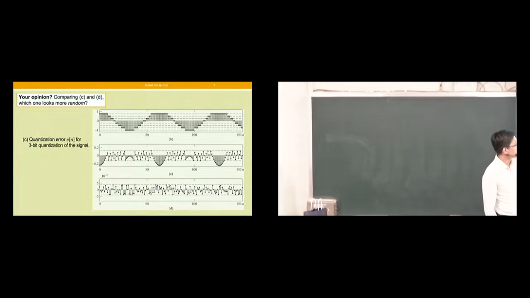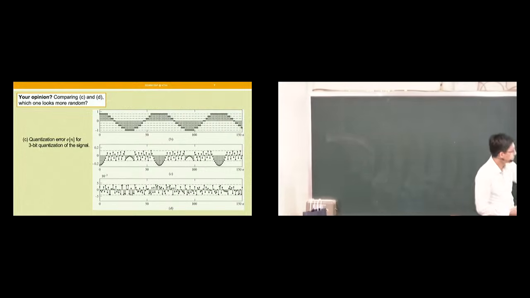This is after quantization. You can kind of recognize this may be a sine wave if you just look at it, because there's so much error being introduced after quantization. This is the error signal using 3 bits, and that's an example of using 8 bits.